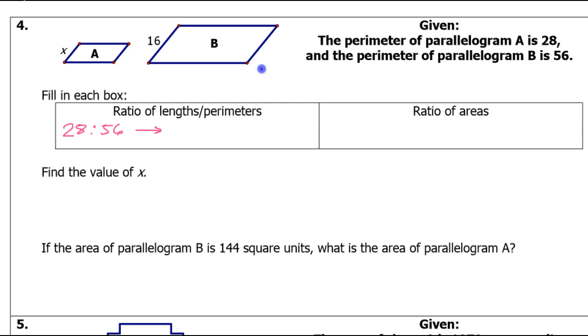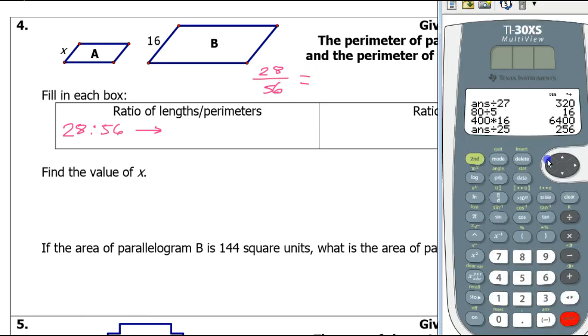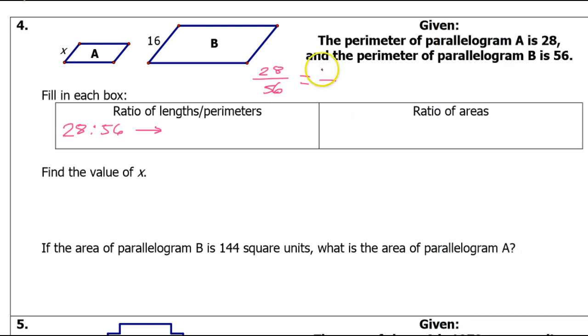Another way of writing 28 to 56 is 28 over 56. So 28 over 56, that's 1/2. In other words, we're talking about a ratio of 1 to 2. So this is what we should really use.